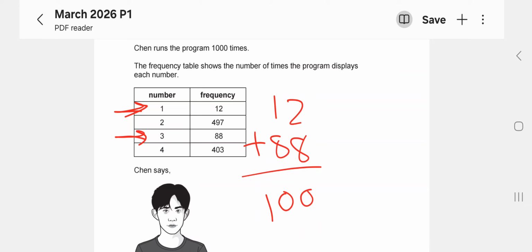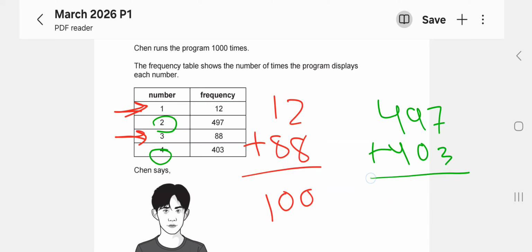Okay. What about the even numbers? We have for the even numbers 2 and 4. 497 plus 403. If I add them, the answer would be 0, carry 1, 0, carry 1, to be 900. So the number of evens is 800 more than the number of odds.